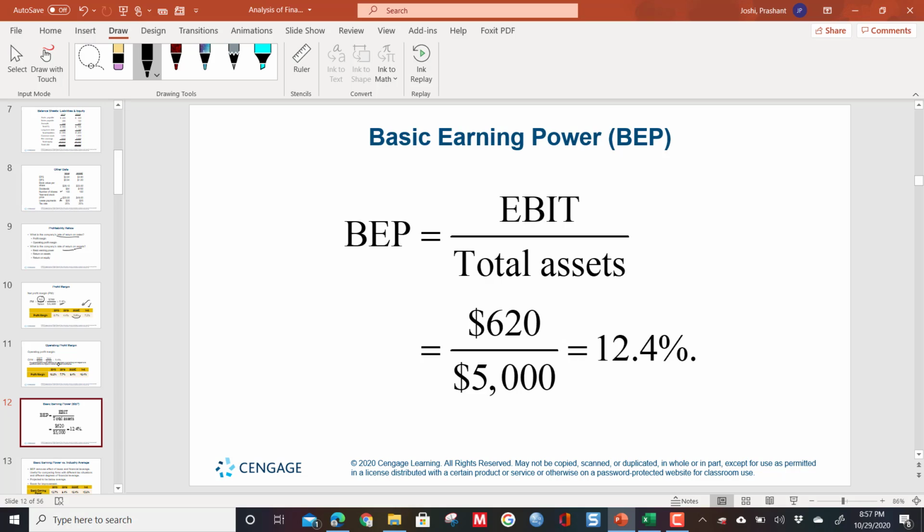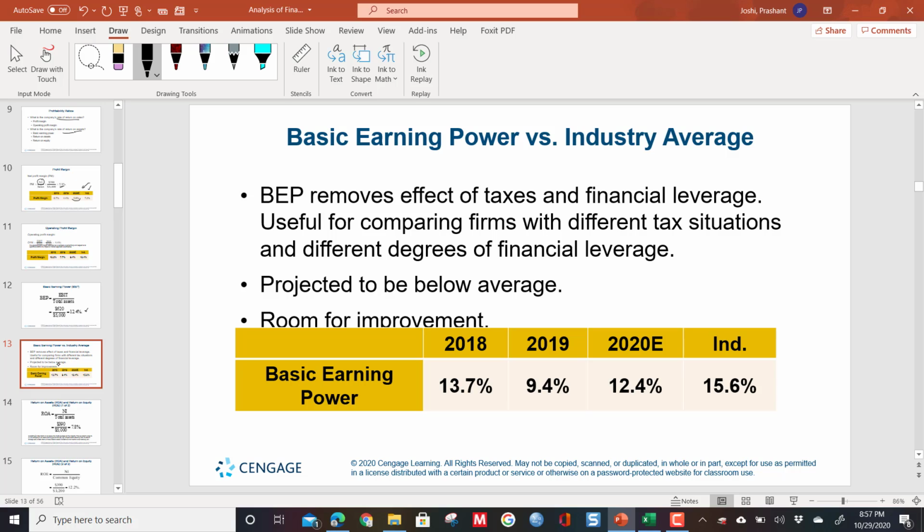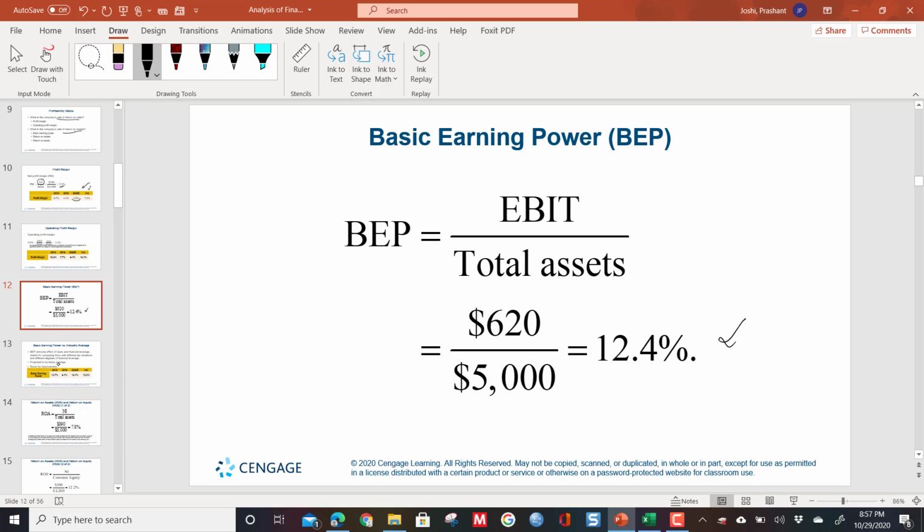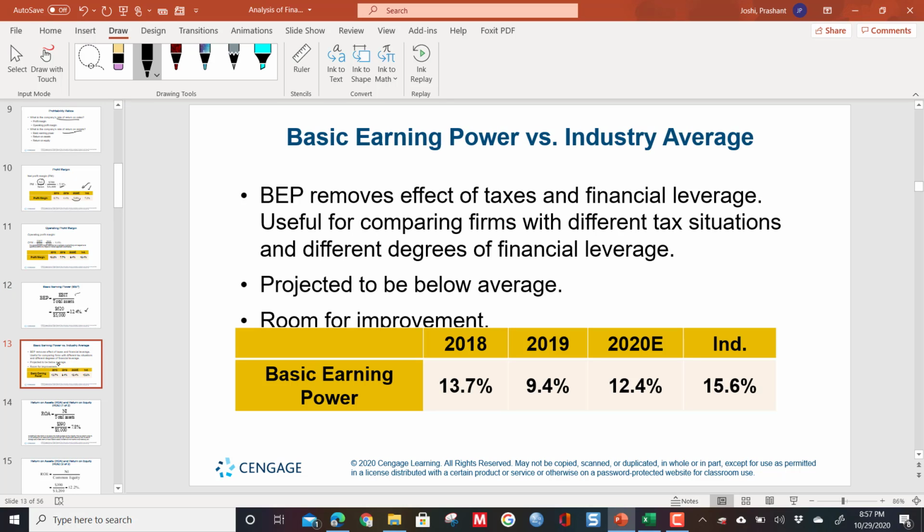Basic earning power ratio is earnings before interest and tax divided by total assets. This is how it has been calculated, and the value is 12.4. As the equation shows, it includes earnings before interest and tax, so it removes the effect of taxes and financial leverage. That is useful for comparing firms with different tax situations and different degrees of financial leverage, since that effect will be removed.